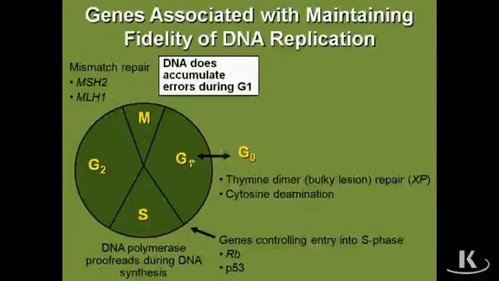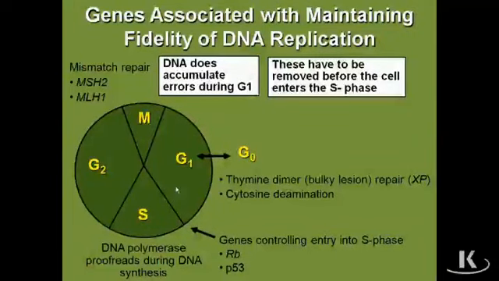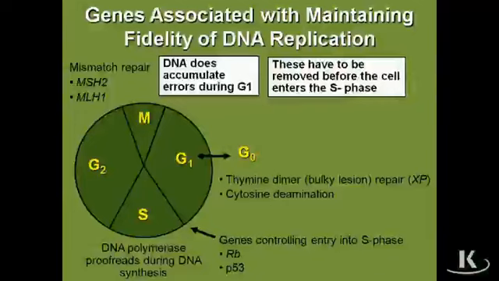And sometimes the cell still has a lot of mutations occurring and is not ready to jump into the S phase. So, these mutations have to be removed before the cell enters the S phase, because once the cell enters the S phase, you're going to duplicate the mutations. They're already going to be there. They're going to be present in every cell derived from that parent cell.